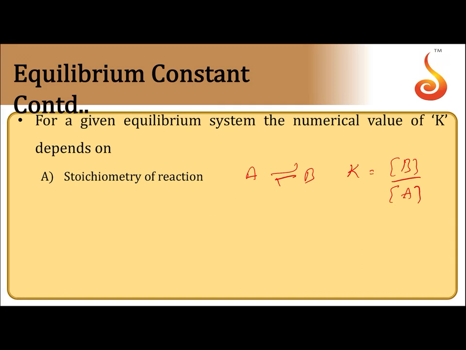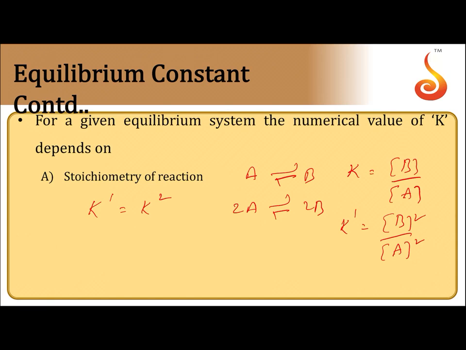Now, when you multiply by 2, say 2A giving rise to 2B, then for this reaction K dash will be B square by A square. Meaning if you multiply throughout by 2, the value of the new equilibrium constant becomes the square of the previous one, so K dash equals K square.